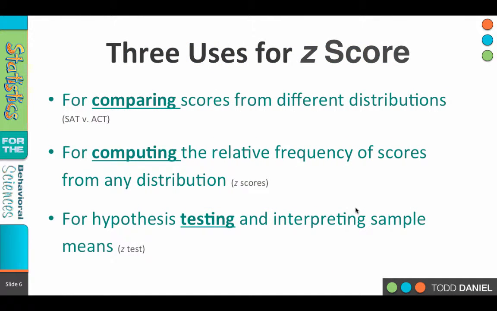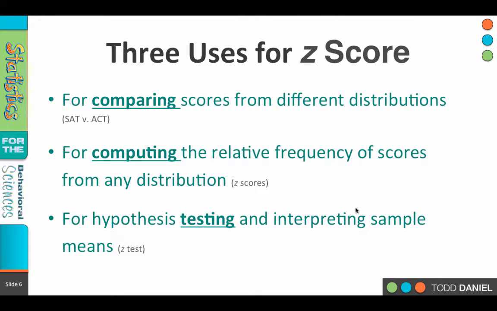Now there are 3 things that we can do with z-scores. Most commonly, z-scores are used for comparing scores from different distributions. So let's say that you and your friend both take tests for getting into college. You take the SAT and your friend takes the ACT. You get a 30 on the ACT, your friend gets a 650 on the SAT.